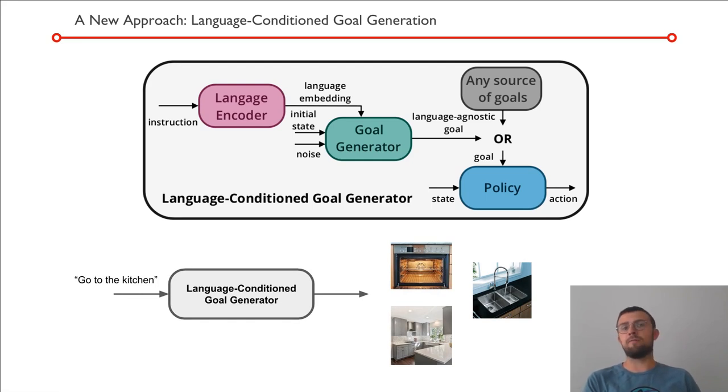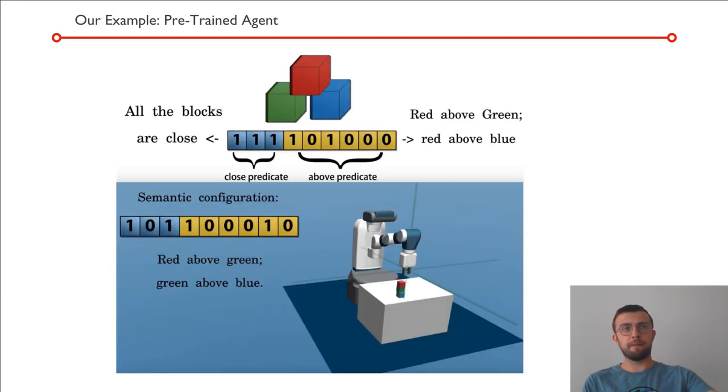For example, in an image setup, we can sample an image of a sink, of an oven, etc. So we no longer require language inputs, and we also generate a diversity of goals for any given instruction. That leads to behavioral diversity.